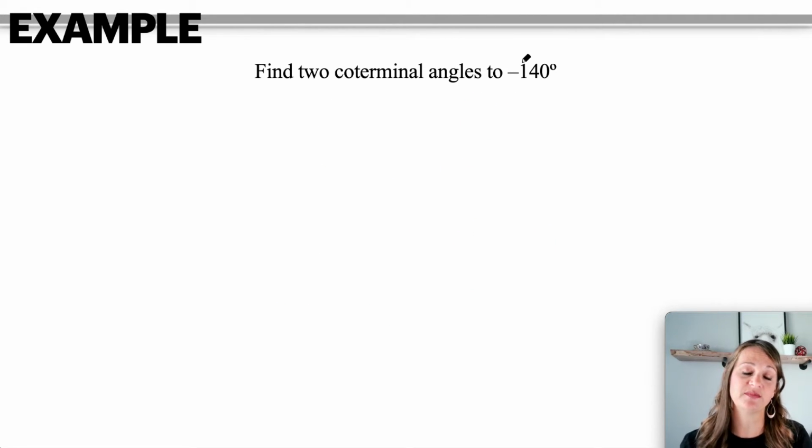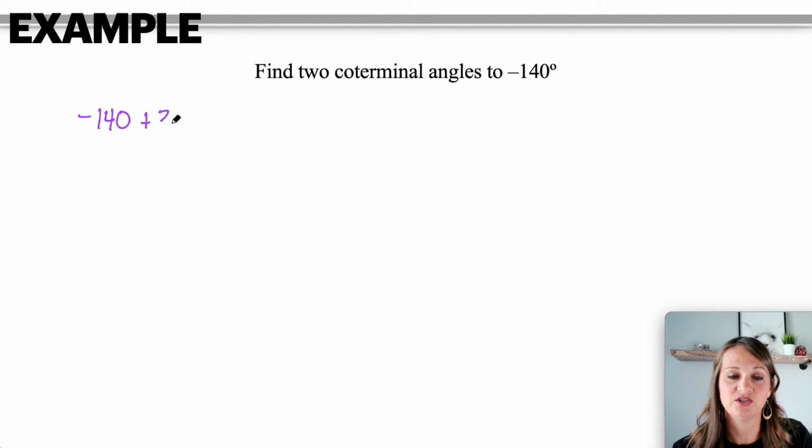Same thing. I want you to attempt this one. So pause the video, attempt this problem, and then resume to see the answer. Okay, so one way to do it is to add 360 degrees to it, and you would get 220 degrees. That is one coterminal angle.